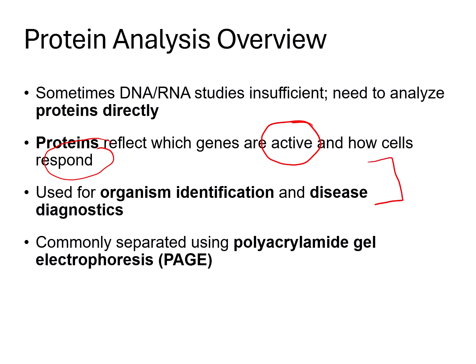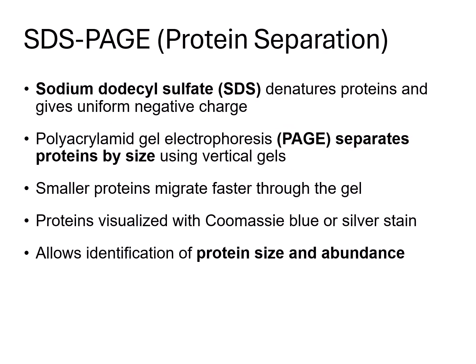And the most common method is polyacrylamide gel electrophoresis, abbreviated PAGE, which separates proteins by size. In SDS PAGE, the detergent SDS, which stands for sodium dodecyl sulfate, unfolds proteins and coats them with a uniform negative charge.